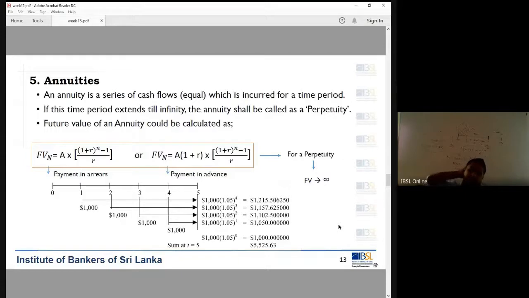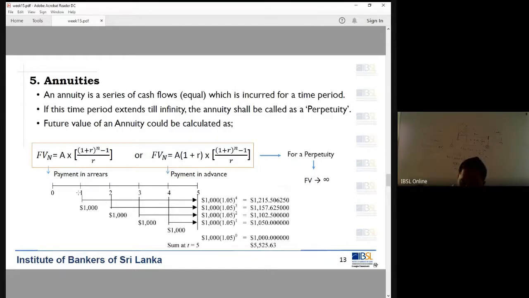If you forget this equation, don't worry, you can apply the simple timeline and get the future value in a similar way. This is one particular style we call the payment in arrears. That means the payment or the cash flow is going to occur after 1 year. But what if you have the payment or this annuity in advance?